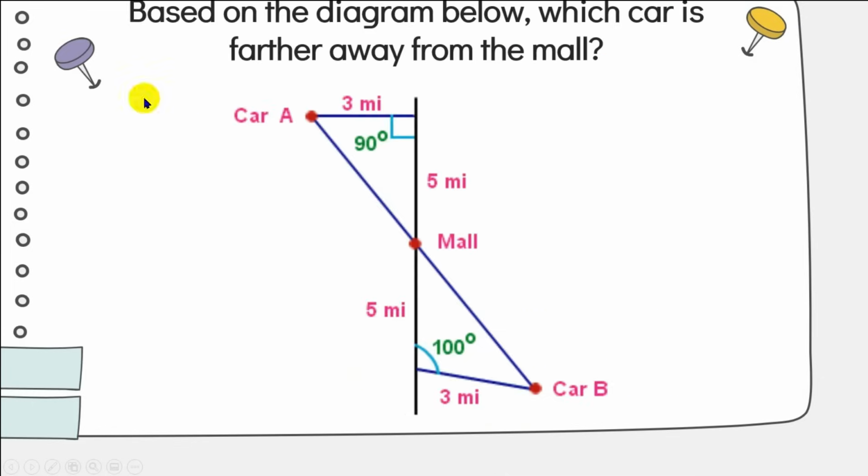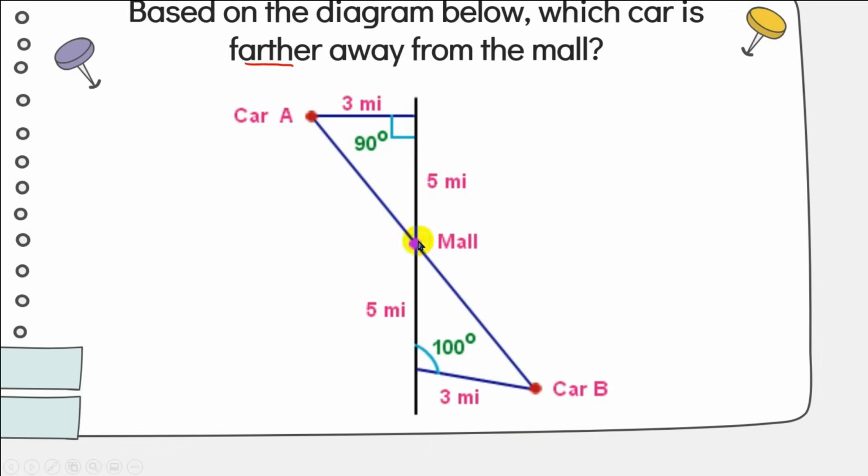Okay? Another one. Based on the diagram below, which car is farther away? So, yung mas malayo, mas mahaba yung length compared dun sa isa, from the mall daw po. Okay? So, we have car A and car B. Ito sila, ayan. And then, tingnan po natin yung angles opposite to the distance from the car to the mall.